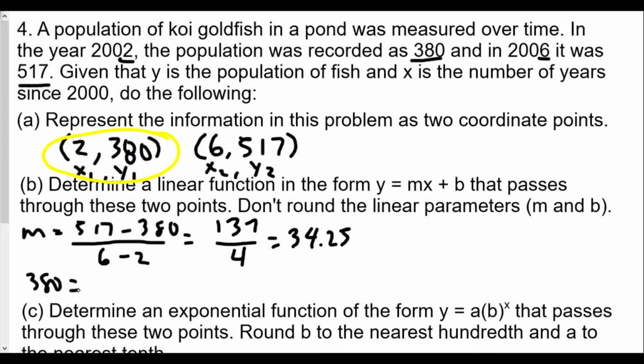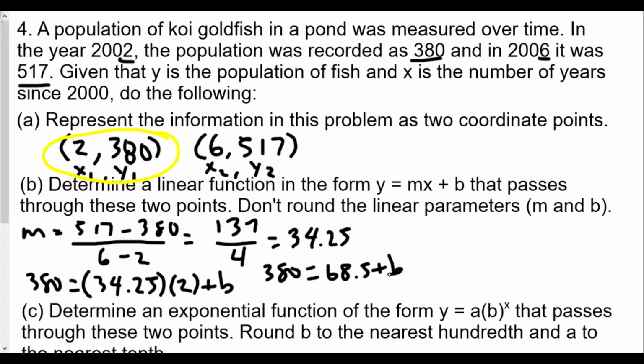is equal to 34.25. That's the m value. My x value will be 2, and we want to solve for b. Well, 34.25 times 2 gives me 68.5. So we're going to get 380 equals 68.5 plus b.